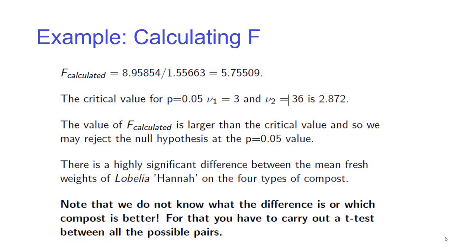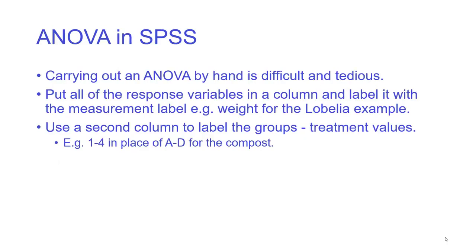So doing it by calculation is complicated. By hand, I've seen very few people manage to do one of these questions correctly. It's just tricky. Doing it in SPSS is a lot easier. So what you want to do is put all your response variables in one column. So in this case, all the weights in one column, and the second column needs to be your grouping variables.